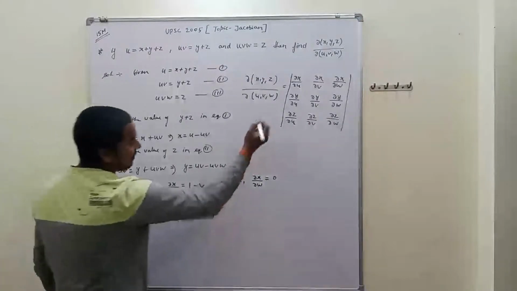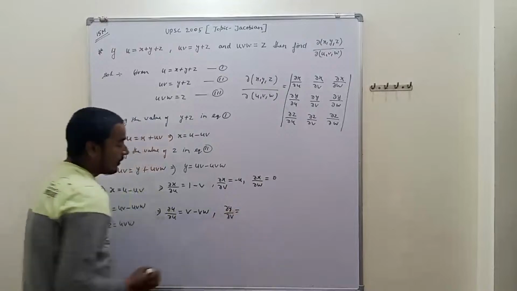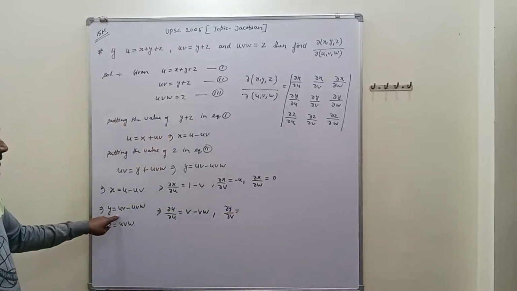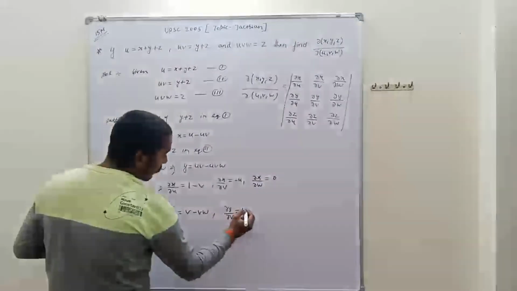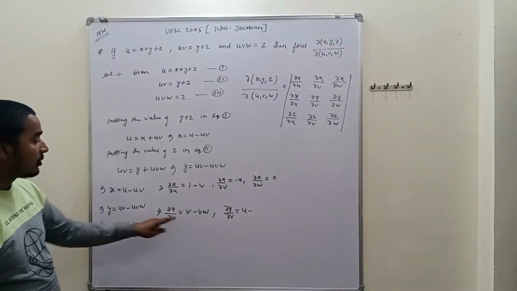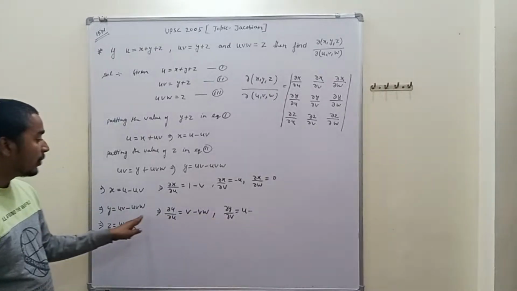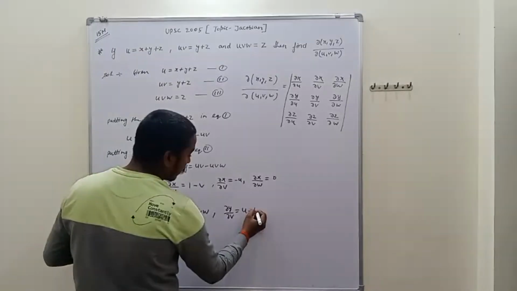Further we have to find del y upon del v. Differentiating y partially with respect to v, uv gives u, minus uvw, taking u and w as constant, gives minus uw.